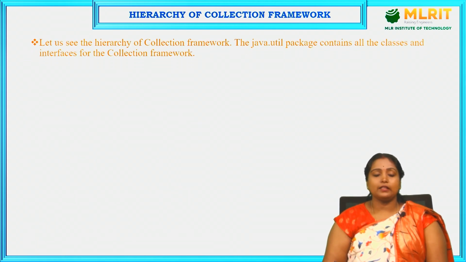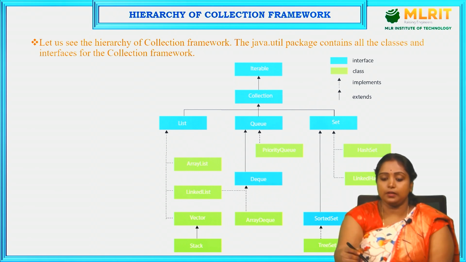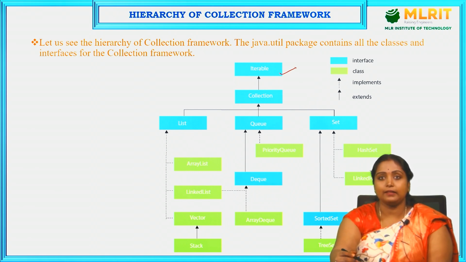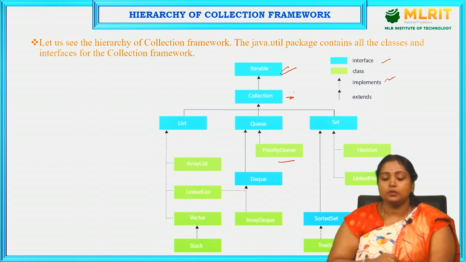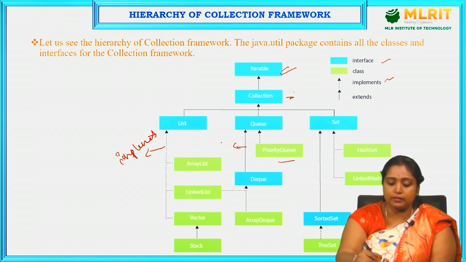Coming to the hierarchy of interfaces and classes. Here, it's the Iterable interface, and in the Iterable package you will have the Collection interface that extends it. The blue ones are all interfaces and the green ones are classes. The dotted lines mean implements, and the solid lines we are having here are extends.